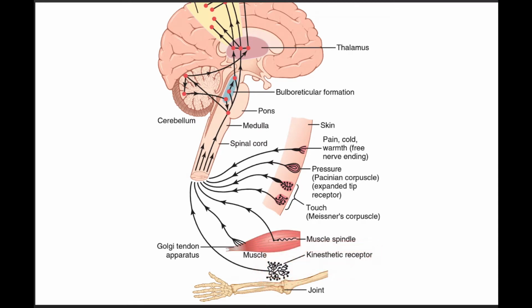So whenever there is a mechanical stimulus from outside, or whenever there is an activity going on in the body, these receptors convert that energy into action potential and send it to the central nervous system.